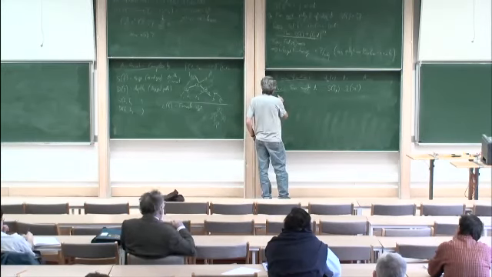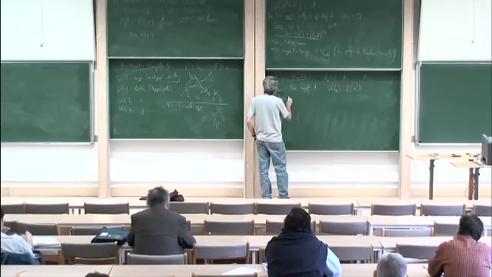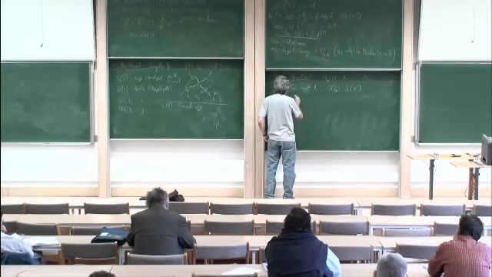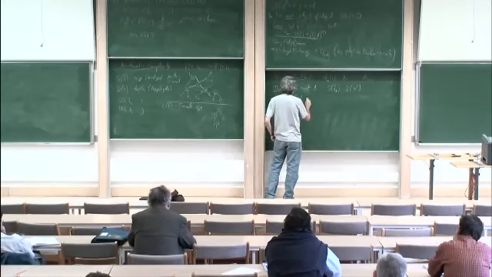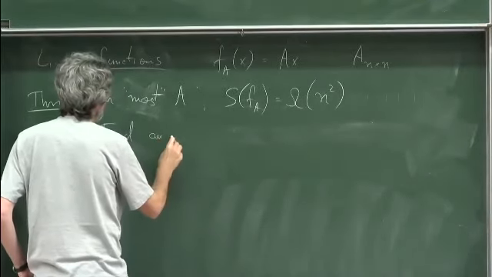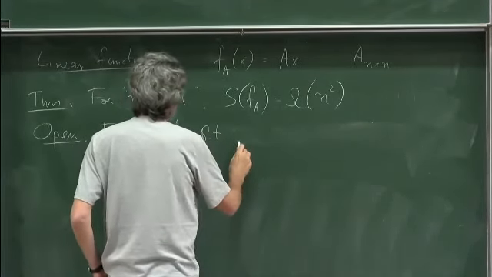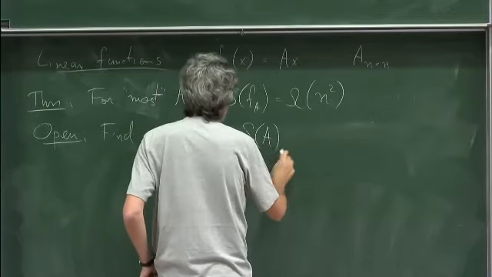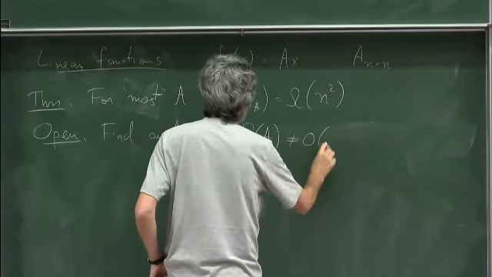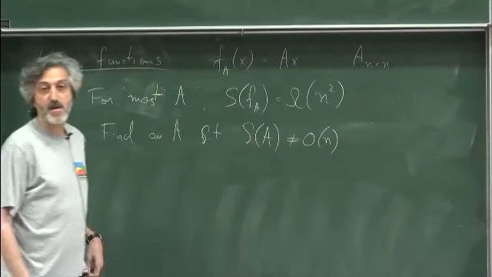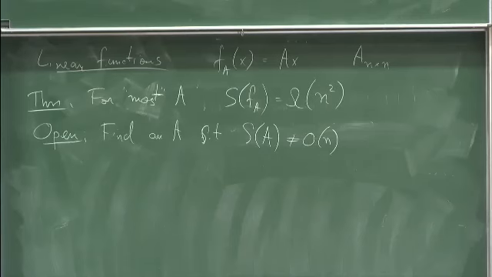An open question, just to show you how much we don't know: find an A such that f_A cannot be computed in linear size. We don't know. We have no concrete example.